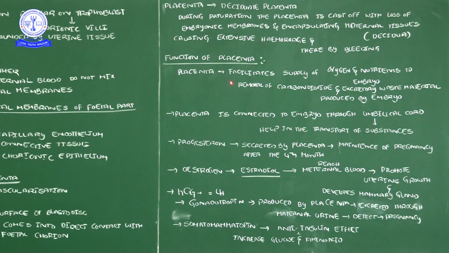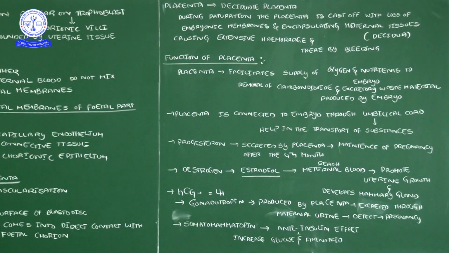So the placenta facilitates the supply of oxygen and nutrients to the embryo, and because of the several metabolic activities of the fetus inside the mother, the fetal body will show metabolic reactions, and by these it will produce carbon dioxide and excretory waste material. That excretory waste material and carbon dioxide should not be retained inside the body, so it has to be released.